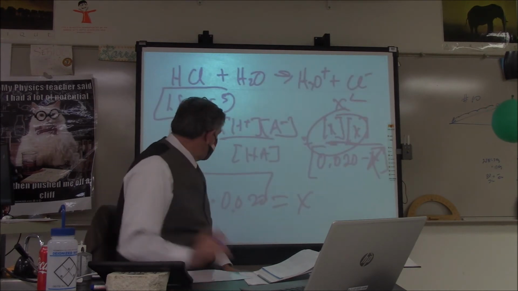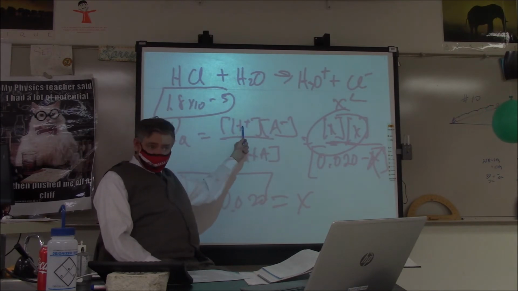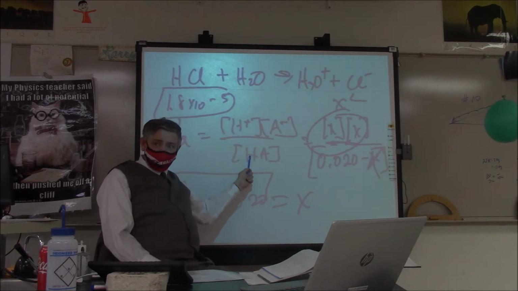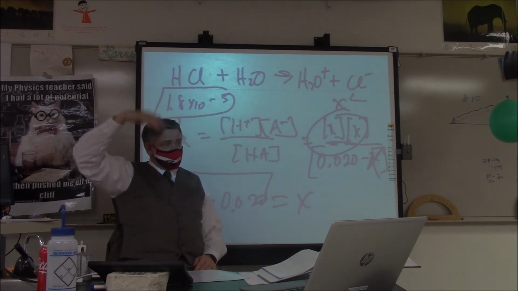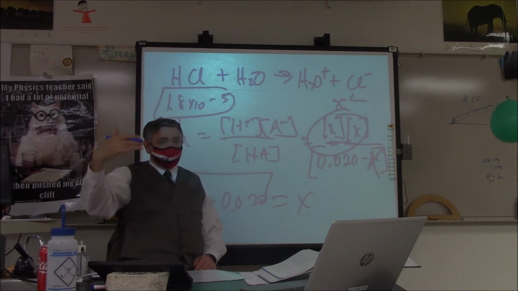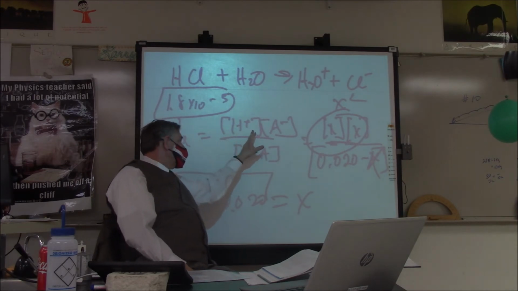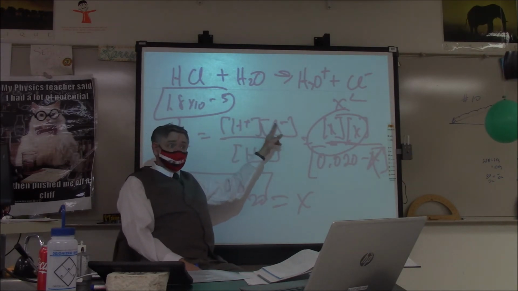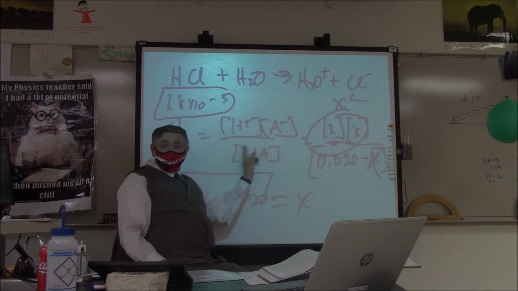So, here's the deal. You can find Ka values for weak acids. If you look on that chart, you'll notice that there's a wide change in the Ka values. If you look at how you mathematically generate a Ka value, a small Ka value means that the numbers on top, your hydroniums and your anions, are really, really small numbers. In other words, it doesn't ionize very much, and you've got a big number down here.